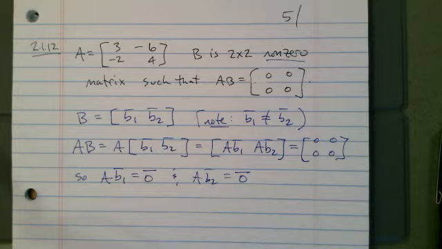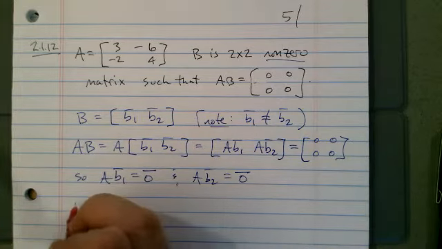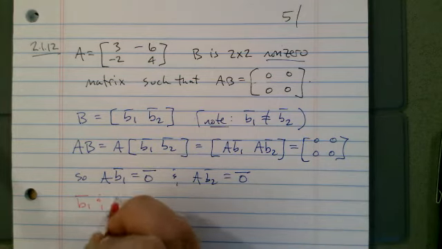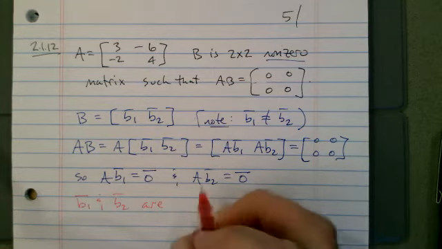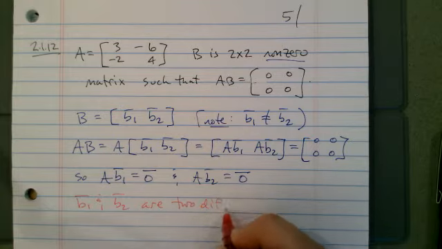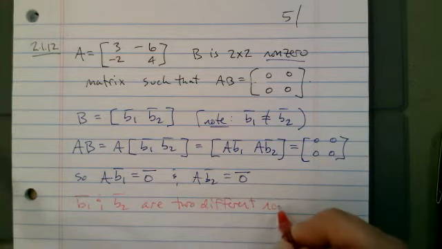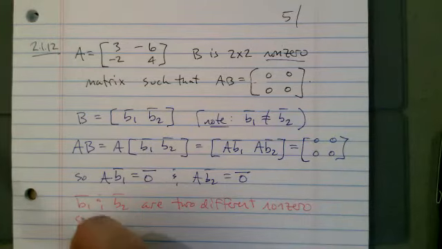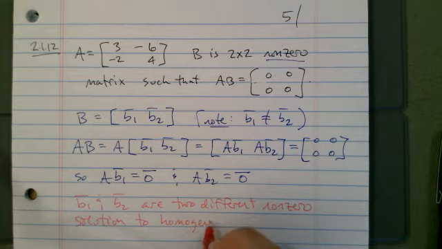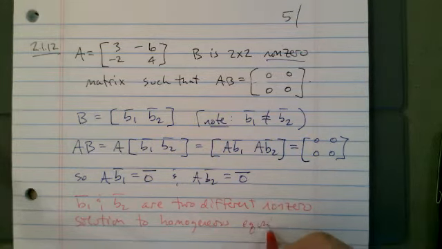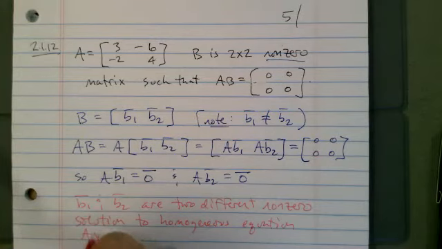What we need, B1 and B2, are two different non-zero solutions to the homogeneous equation AX equals 0.